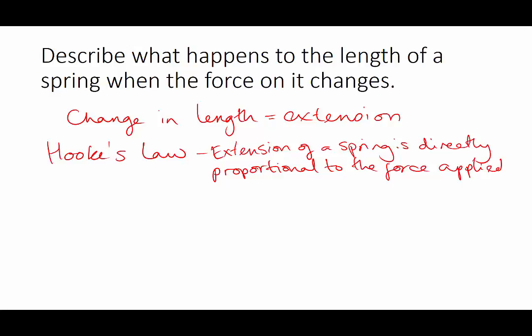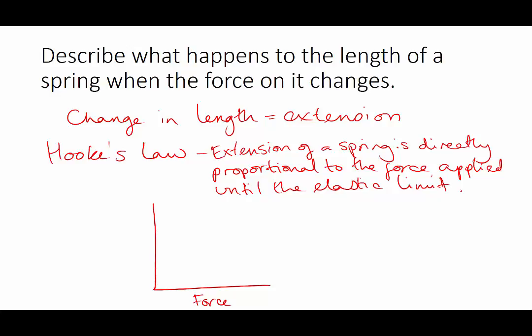But that doesn't keep on happening. Eventually with a spring, it's going to reach a point where it stops elastically deforming. It doesn't go back to its original shape, and we call that the elastic limit. And at that point, the two things stop being proportional. So we end up with a graph that looks like this.